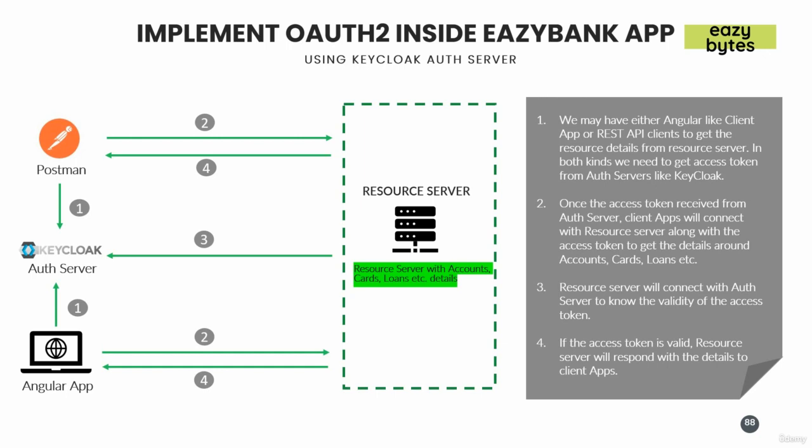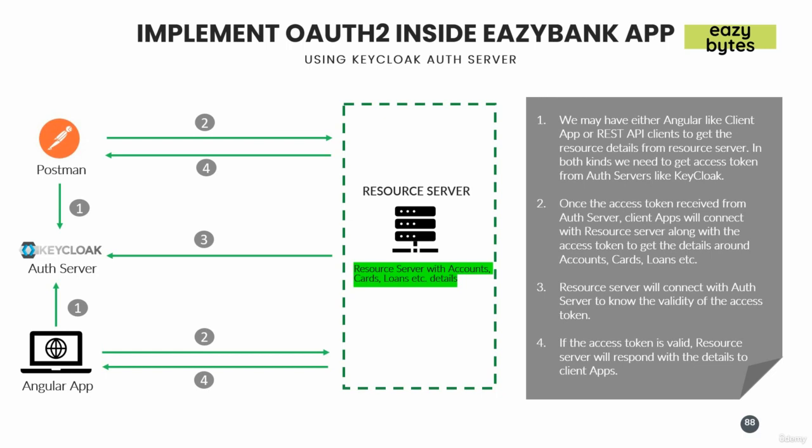With that in place, we can have two different kinds of applications trying to interact with our resource server. One is a client application like an Angular based web application, just like how we are doing right now. In this scenario, my Angular application will try to get an access token by connecting with the KeyCloak auth server and passing credentials to it.